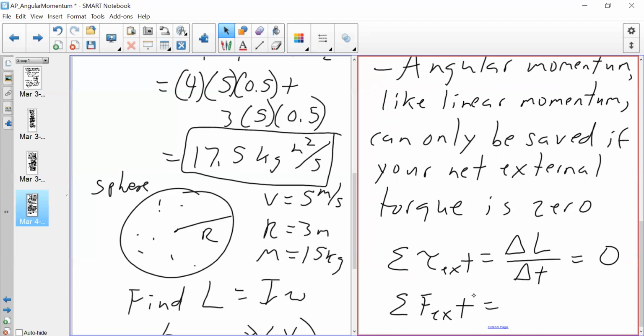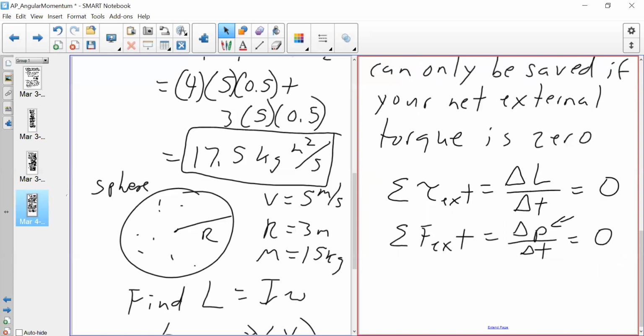Your external forces are very similar to when your external forces are equal to 0 for saving linear momentum. So the outside torques are 0, much like the outside forces for linear momentum are 0. That's the only way we can save the rotational momentum, the angular momentum, of a system of two or more objects.